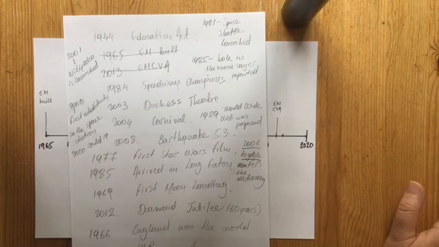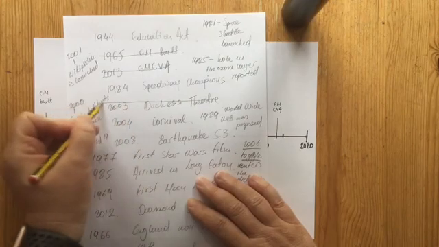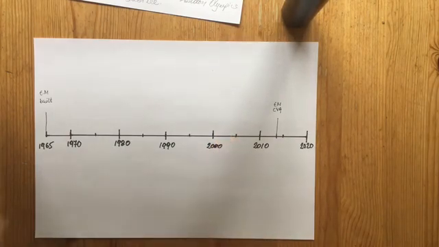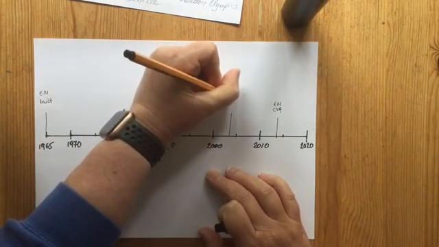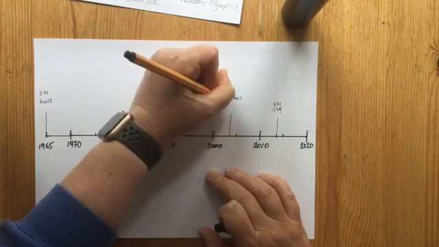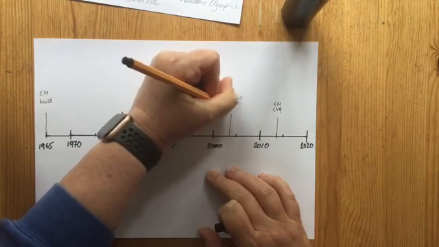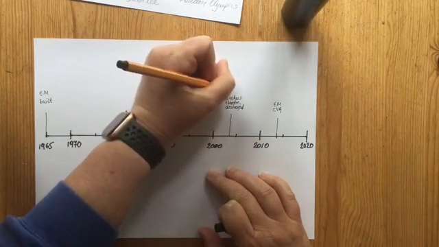Oh, let's see. Do I want Long Eaton Speedway Champions? Oh, I might put about the Duchess Theatre getting burned. So 2000. This is 2005. So 2003 here. So Duchess Theatre destroyed in Long Eaton.